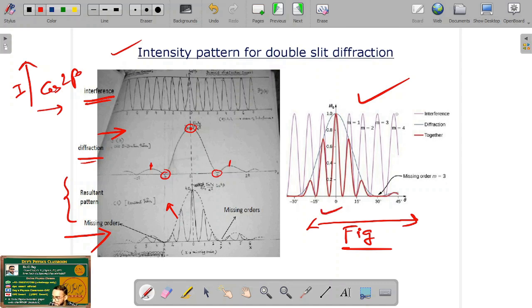That means these are the interference patterns, and this is the diffraction pattern. So the resultant pattern would be a combination of these two, with the diffraction pattern functioning as an envelope to the interference pattern.